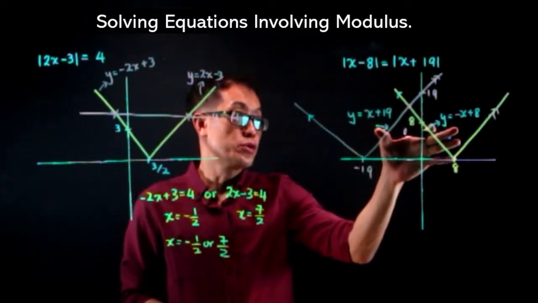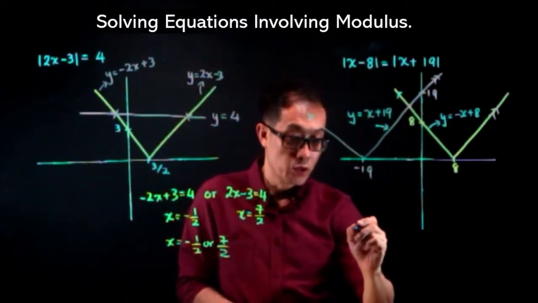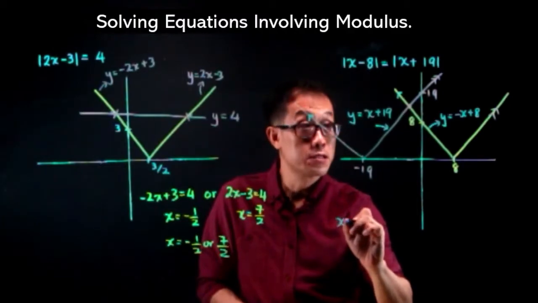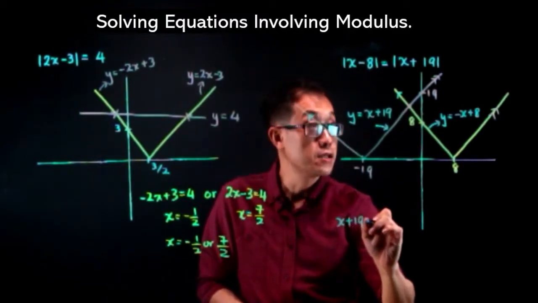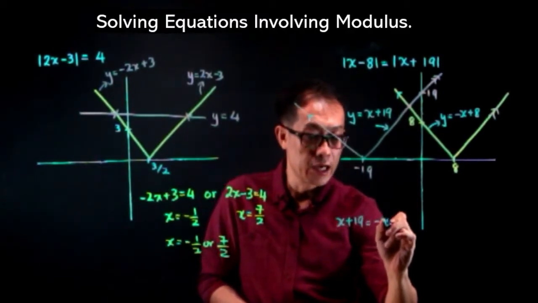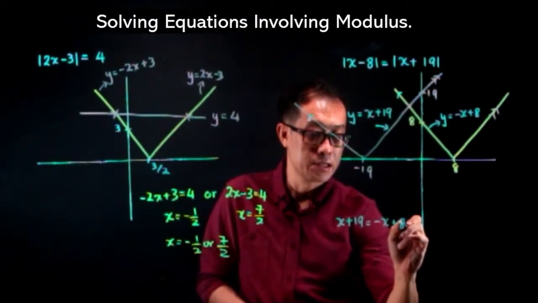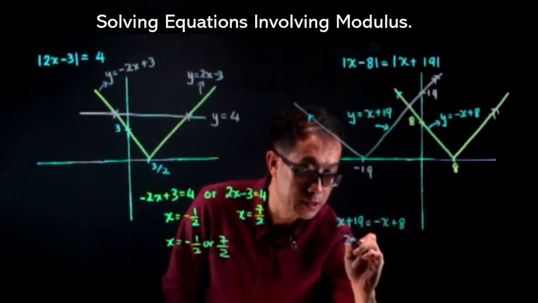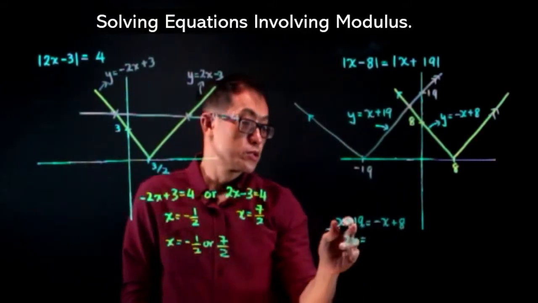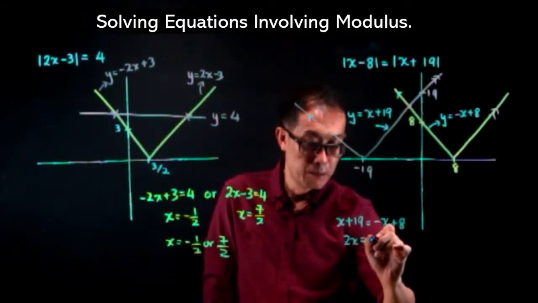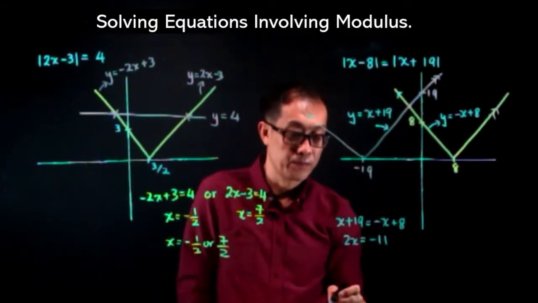So all you need to do is equate these two equations. So you have x plus 19 is equal to minus x plus 8. Then you get 2x is equal to minus 11.